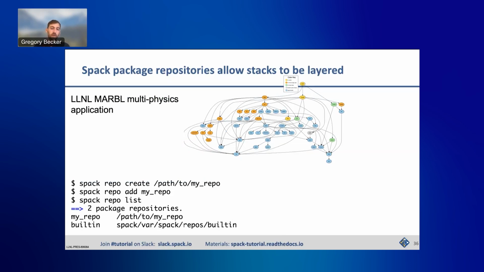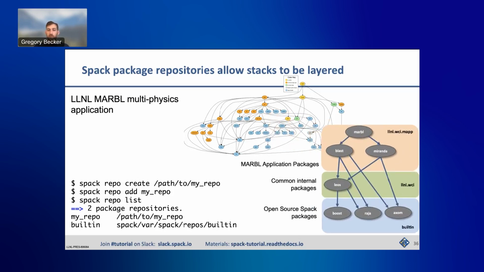So Spack allows you to extend the package ecosystem with your own package repositories. So here's a graph of Marble, which is a Livermore multiphysics application. You can see here's obviously a scaled down version of the graph, but with the packages in different repos.